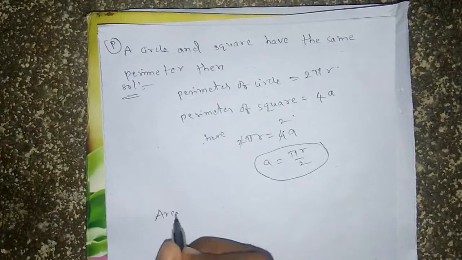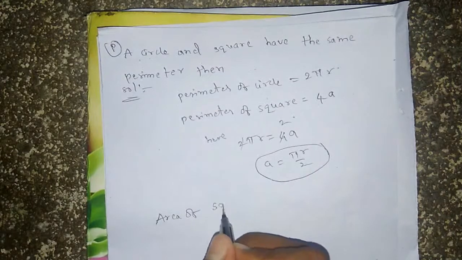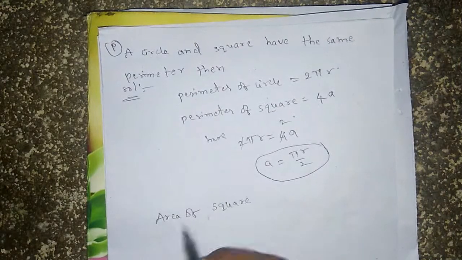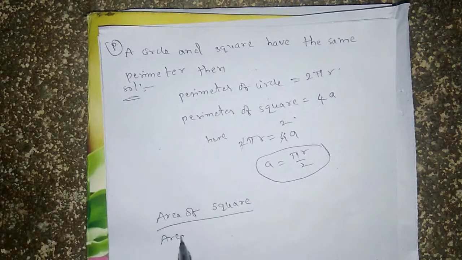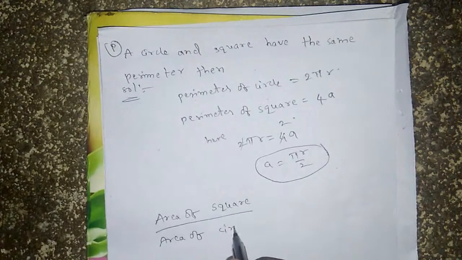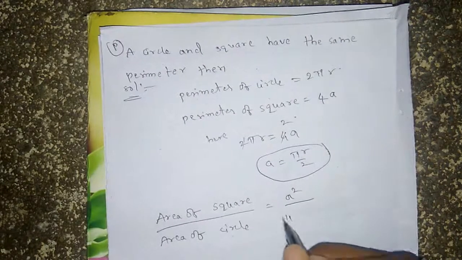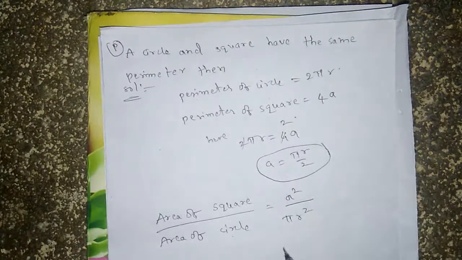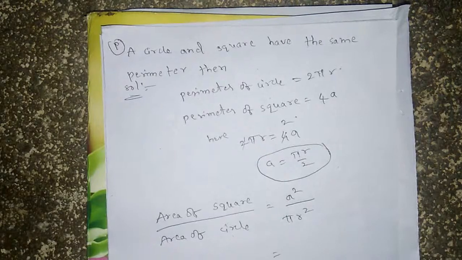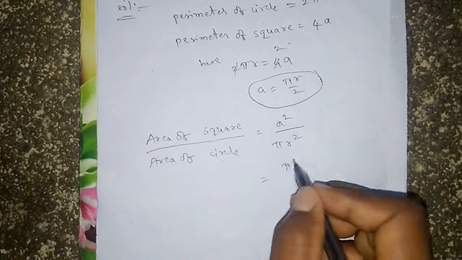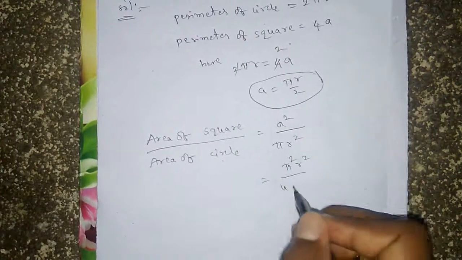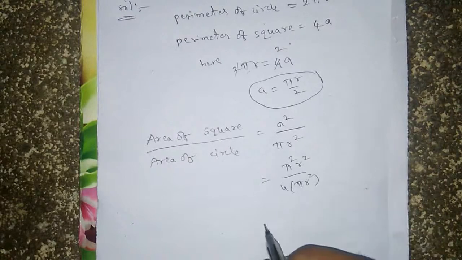Now the area of square by area of circle is, the area of square is a square and the area of circle is pi r square. Now we have a is pi r by 2. Substitute, that is pi square r square by 4 divided by pi r square.